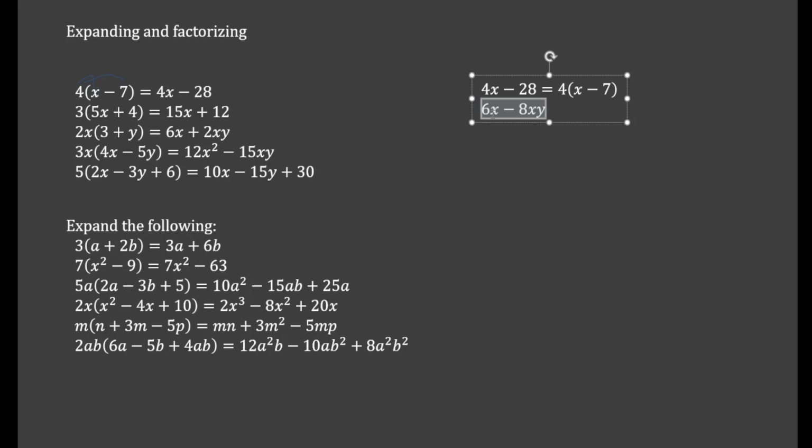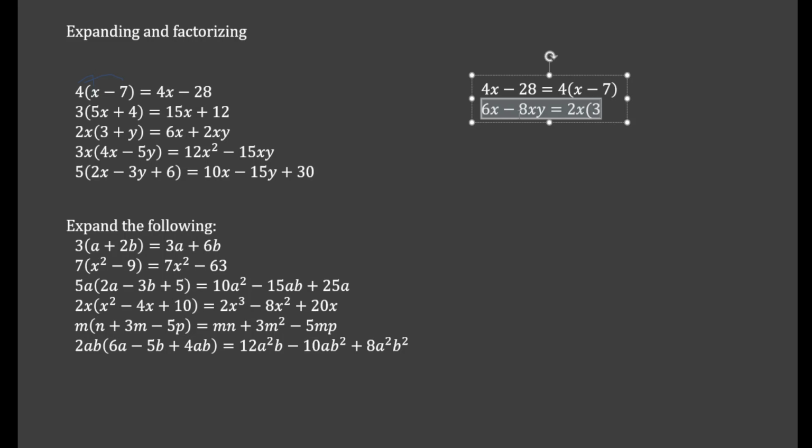But we also have a variable that is a common factor, which is x. X is a factor of this term, and x is a factor of this term. So both 2 and x are common factors. Therefore, this would be factorized using 2x. If I divide 6x by 2x, that gives me 3.